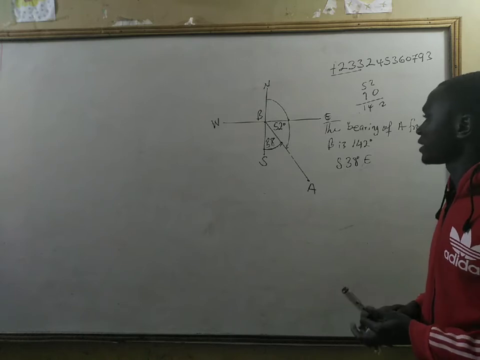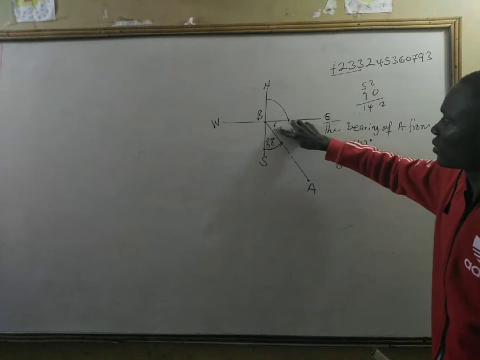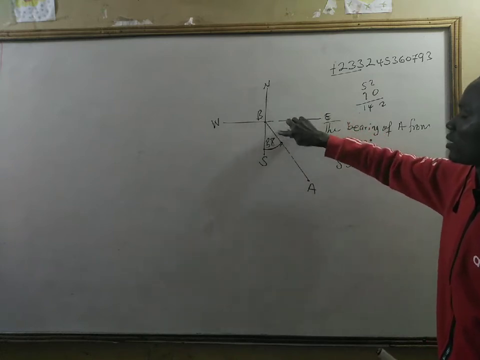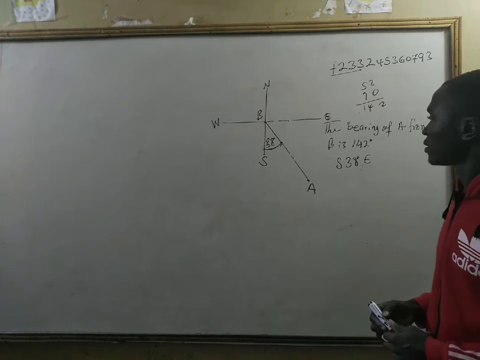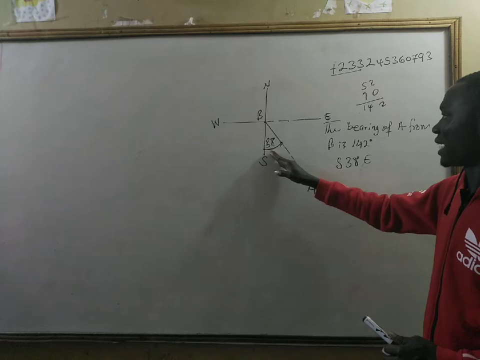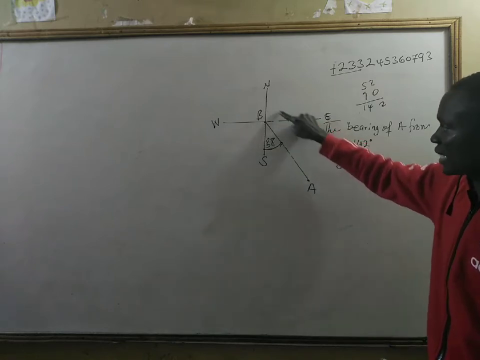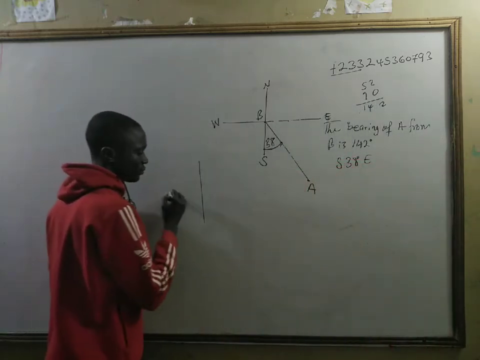If I had made it this way, the problem still will be the same. Because if the question is like this and I need the three-figure bearing, I need to find this angle and then add it. This is what I mean. Let's say I draw a section of this form.